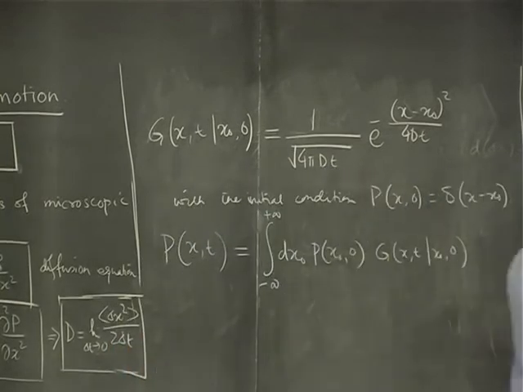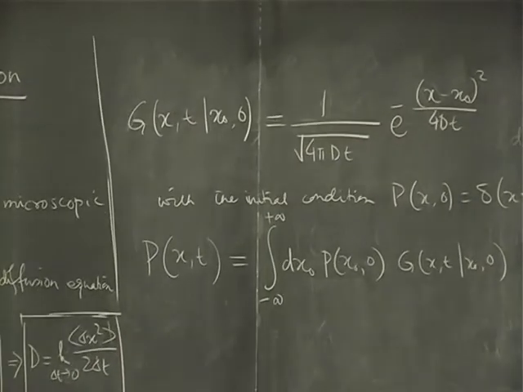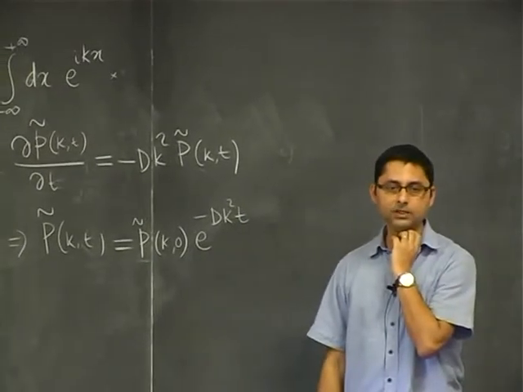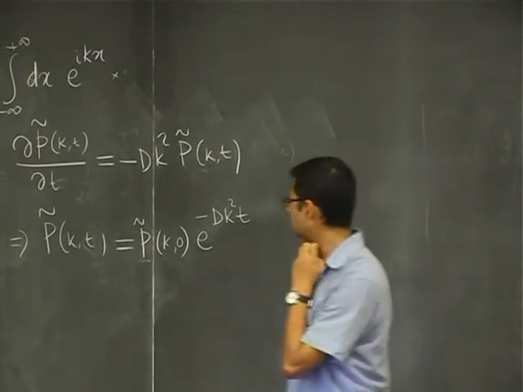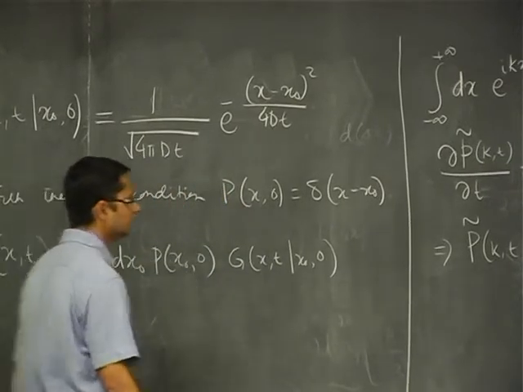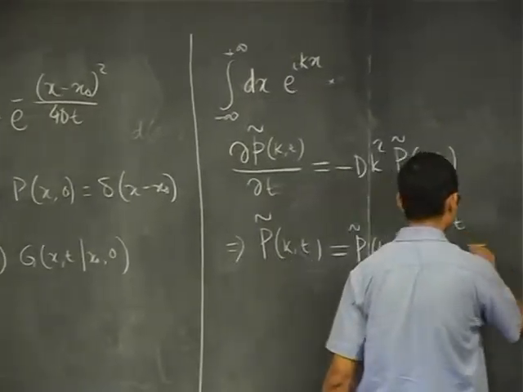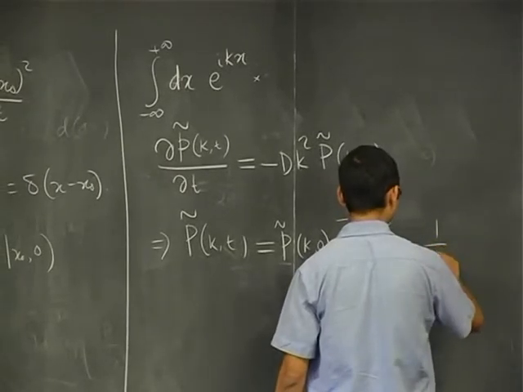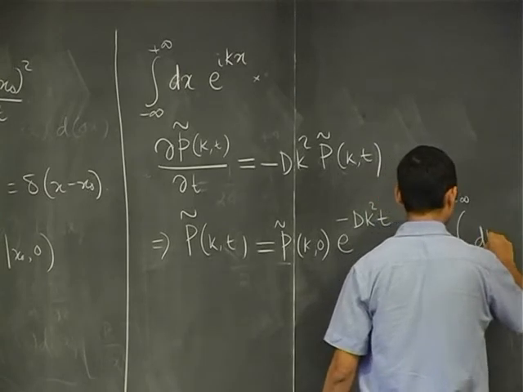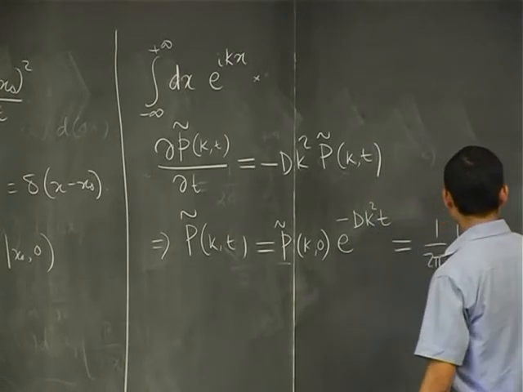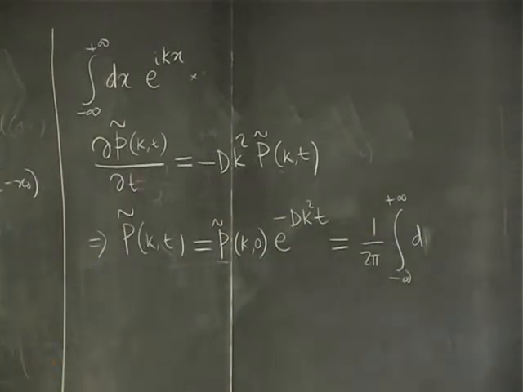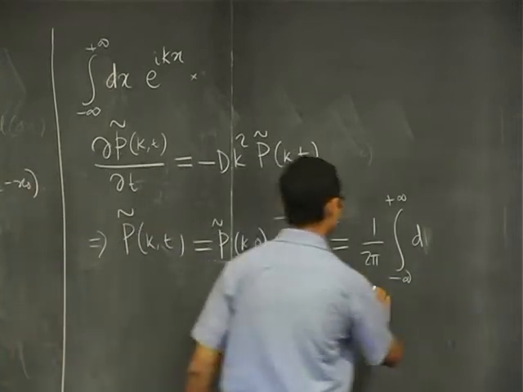So now what is this object, p tilde of k? This is just the Fourier transform of p of x0. So what is the Fourier transform of p of x0? No, sorry, this is just the characteristic function of p of x0, there is no 2 pi.